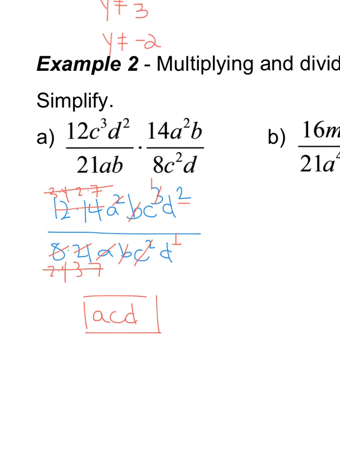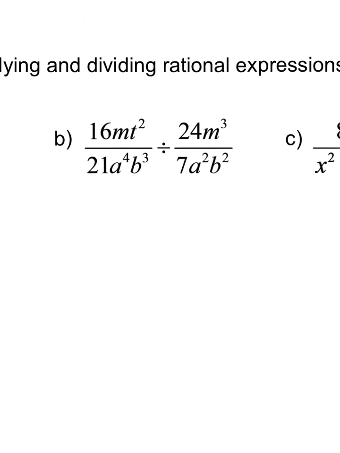Again, order of multiplication doesn't matter. You can simplify, you can move them on the top and bottom however you want to make your life a little bit easier. All right. Moving on to the next example, actually this one's just division.